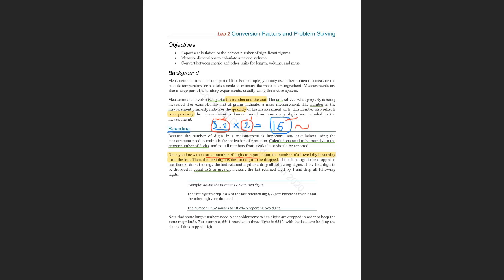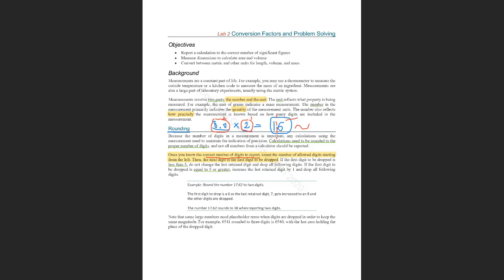So I start from the left, I count 1, and I make a little line here. Then it says the next digit is the first digit to be dropped. That means that 6 is going to be dropped. But how am I going to drop it? I cannot say 1. This is not a round. If I have 16 books, I cannot round it to 1. I have to put a number after.